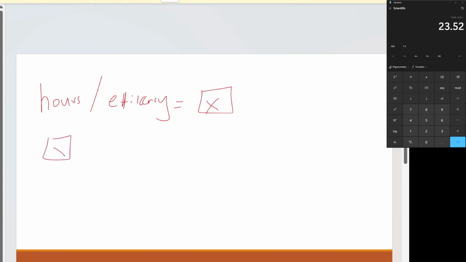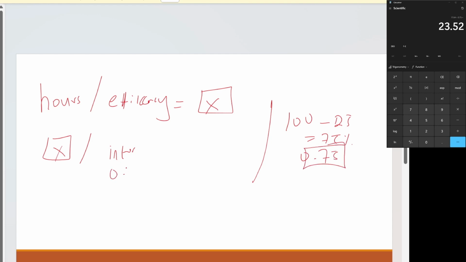Then you take this x divided by interruptions, which you get by 100 minus interruptions. For example, 25 gives 75%, 0.75. So whatever the number is here, you use it again here, 0.75. Calculate it, and this is your final answer. I hope this makes sense. If not, please go to the slides again.